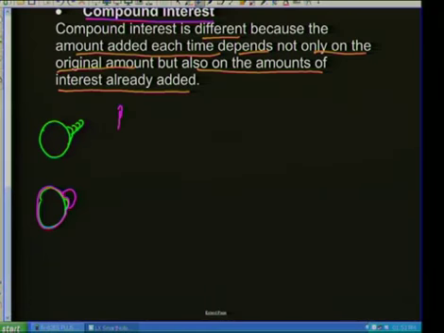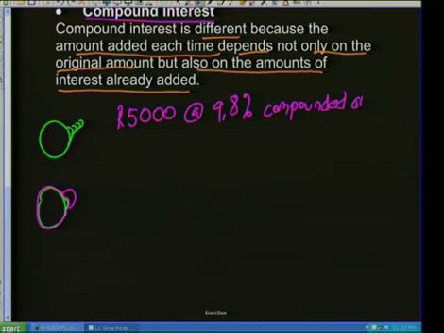So if we had our 5,000 Rand at 9.8%, and we're going to compound this once a year, annually, and that is once a year. So we're starting off, we're going to have 5,000 Rand and we're going to increase it by 9.8%.